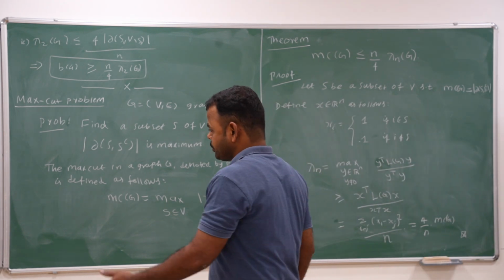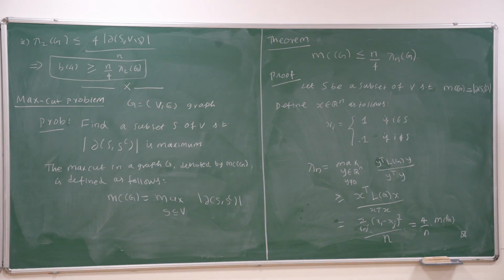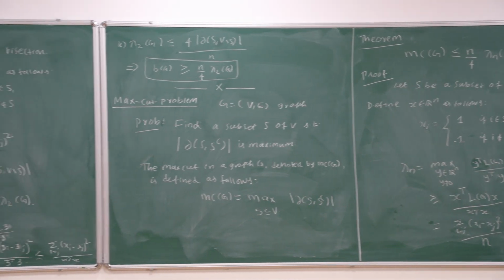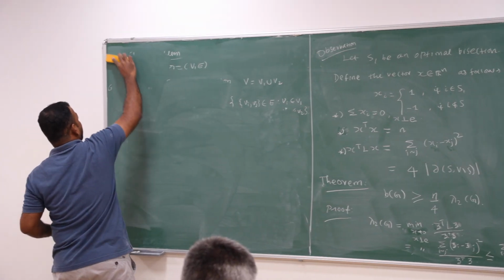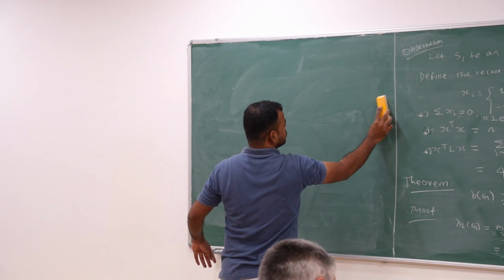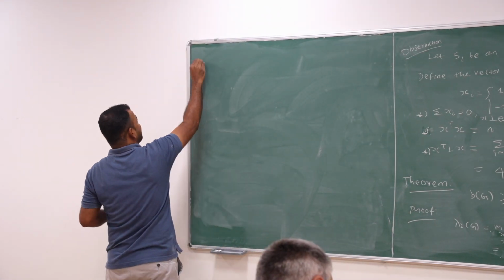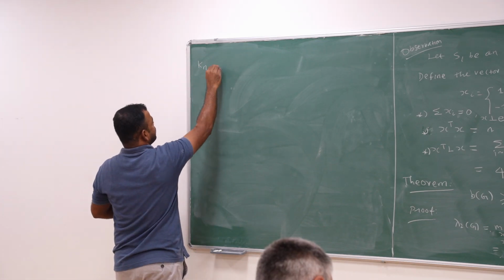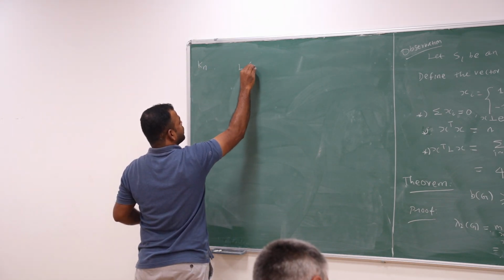Okay, maybe since we have some time, we'll just discuss something about Laplacian matrices. Let us consider the complete graph Kn. What are the Laplacian eigenvalues of the complete graph?